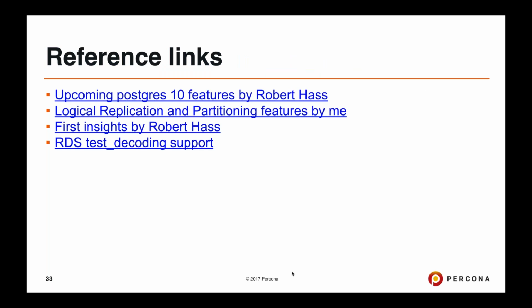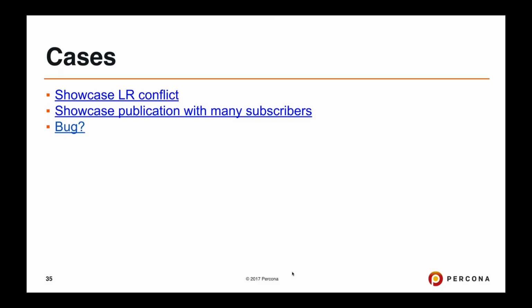These are some reference links if you want to go deeper. And I will try to show you in 5 minutes some showcases of how logical replication can be fixed, and a set of publications with many subscribers.